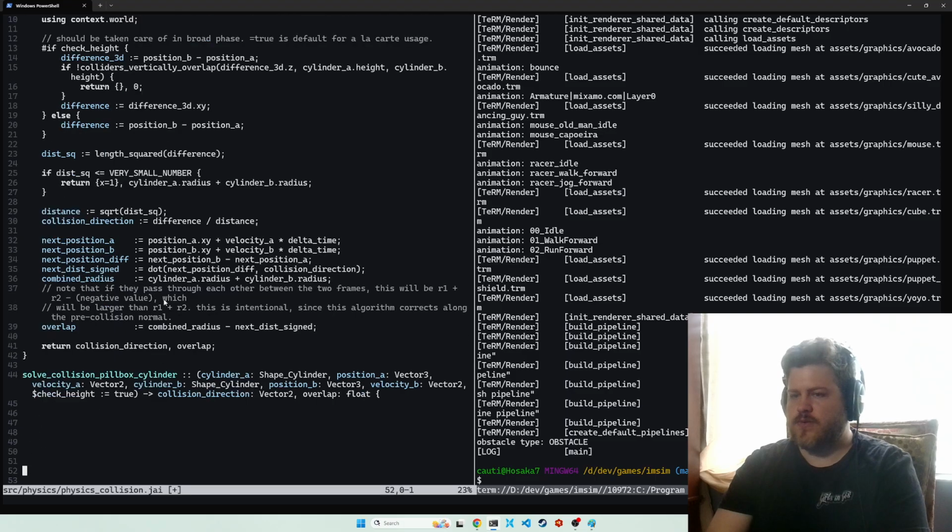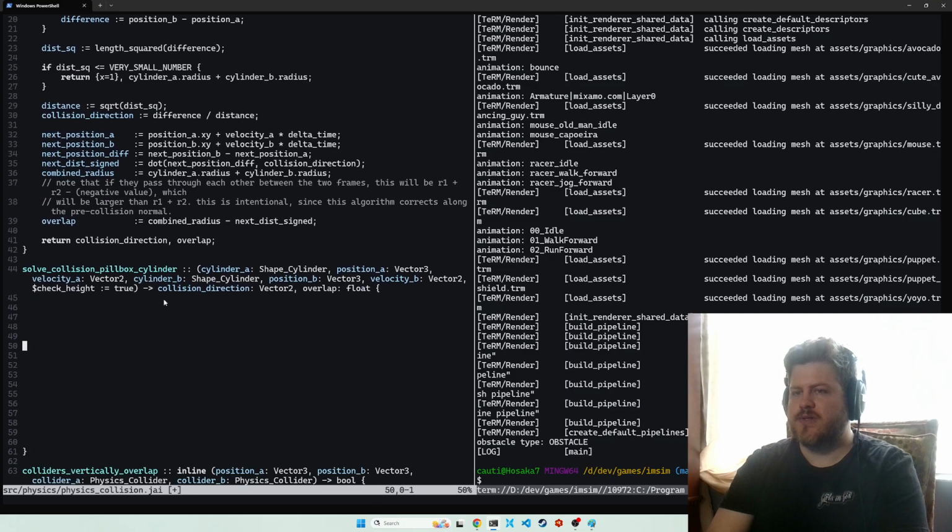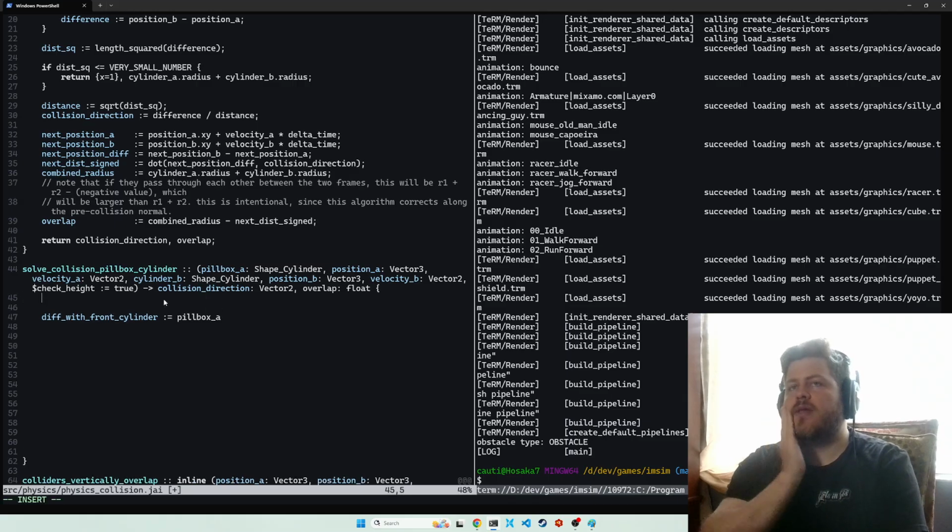So I need to partly write the cylinder collisions here. So if front cylinder is going to be, oh right, this is the cylinder's pillbox. Position A, velocity A, cylinder B, so on. Okay. So pillbox A. Well, first we need to get the position of the front cylinder.